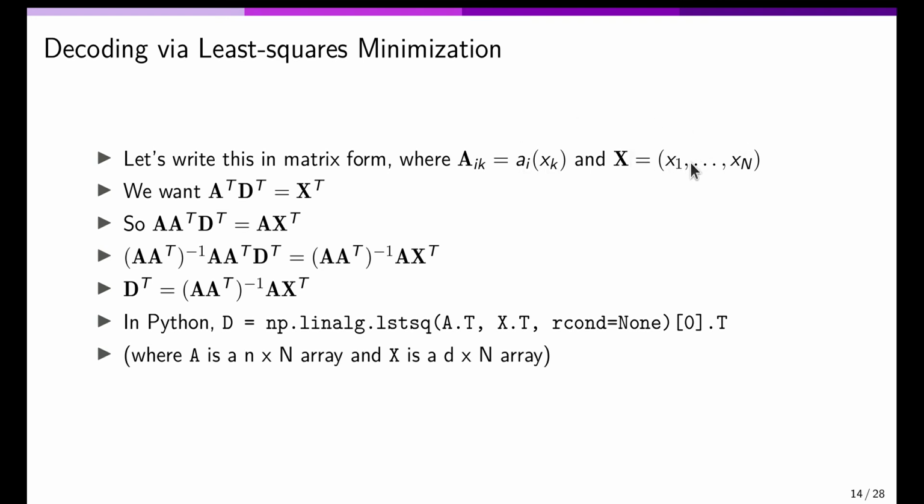For each of those points, and each neuron, there's going to be some activity for that neuron. So for each of these points, we can find out what the activity of that neuron is. That's going to be a big matrix of size number of neurons by number of points.